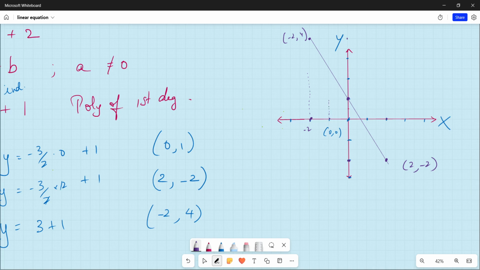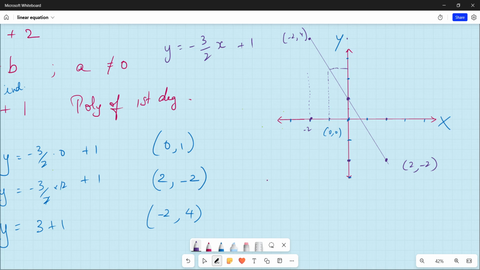You can find a corresponding value for y. Y would be in between 2 and 3, which is 2.5. So if you substitute this value of x, you would get 2.5 in the equation which we have already arrived at, y is equal to minus 3 by 2 x plus 1. So this graph represents this equation.